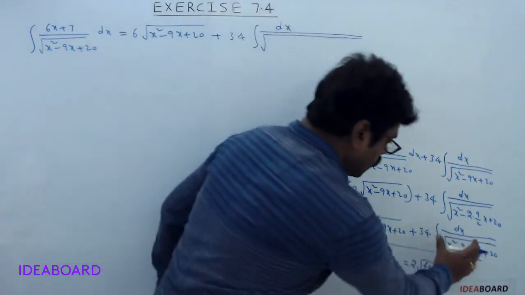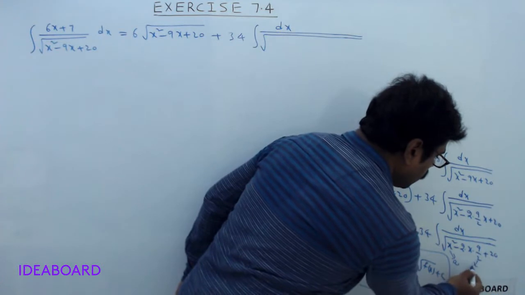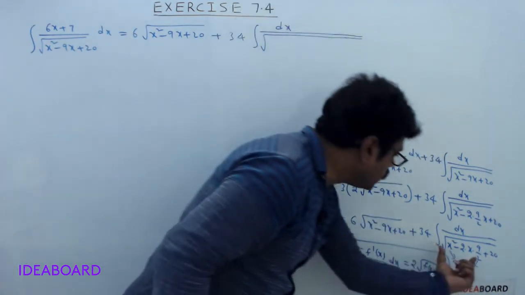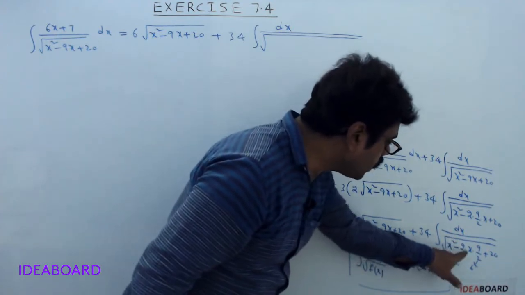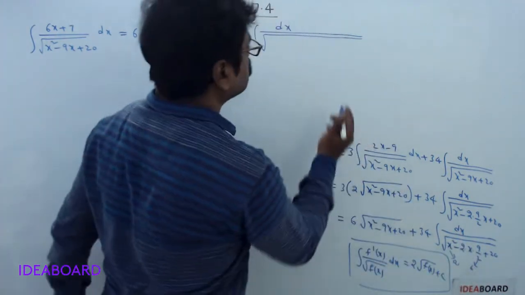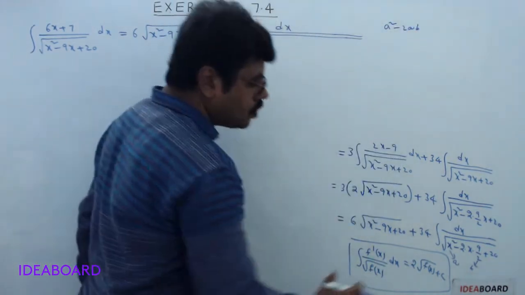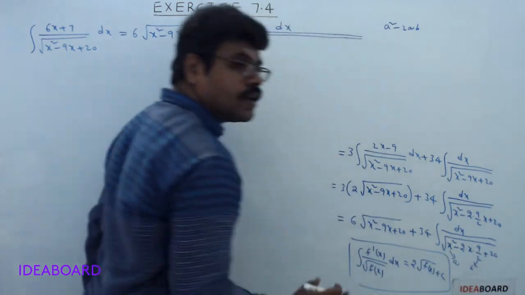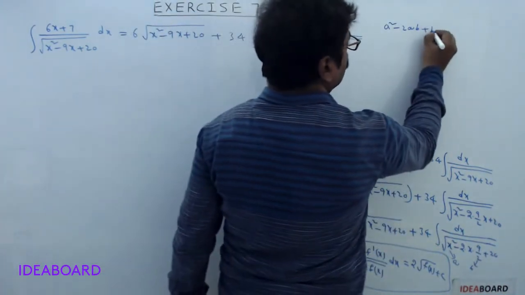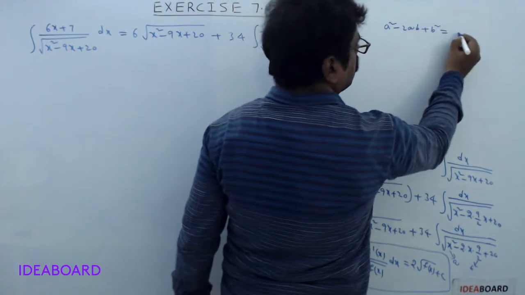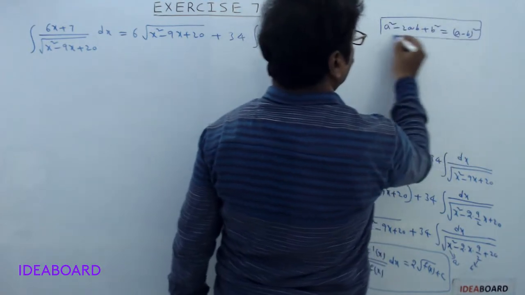Now in this expression, if you consider this x as A and this 9 by 2 as B, this expression is of the form A square minus 2AB. To make this expression a perfect square, we need one more term. What is that term? B square. So a square minus 2ab plus b square is nothing but a minus b whole square.